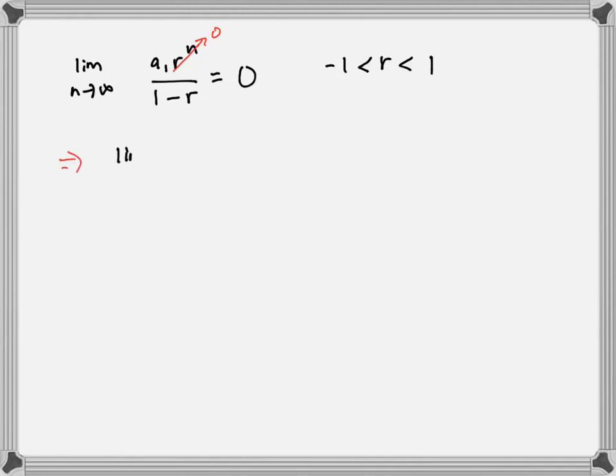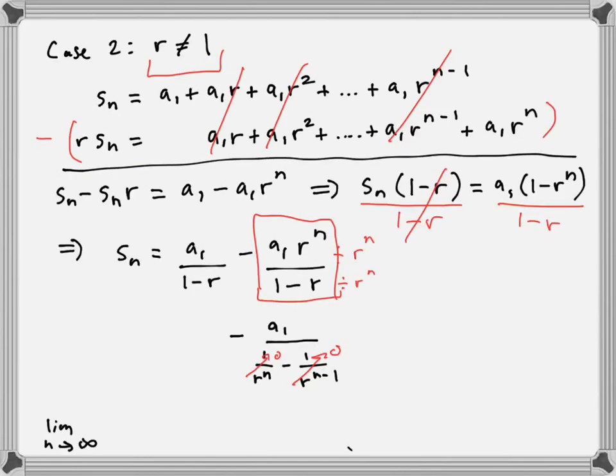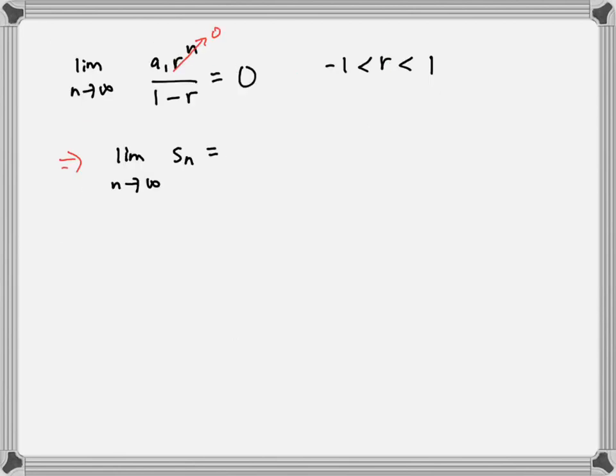The limit as n goes to infinity of Sn is equal to what? If this entire thing goes to 0, then we just get this as our limit: a1 over 1 minus r. We need to remember that. That's true in this case.